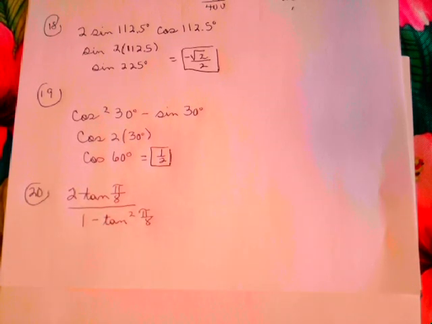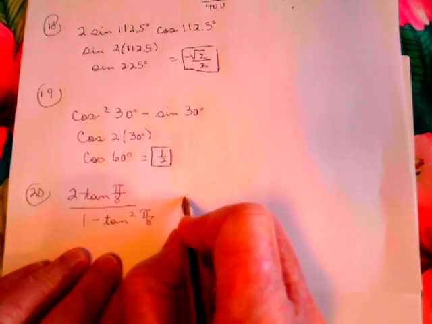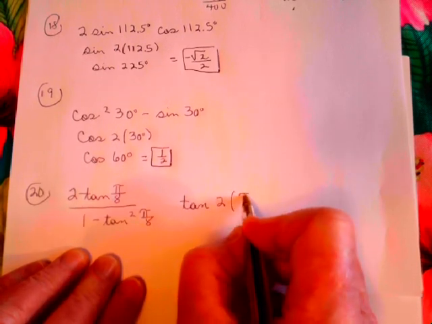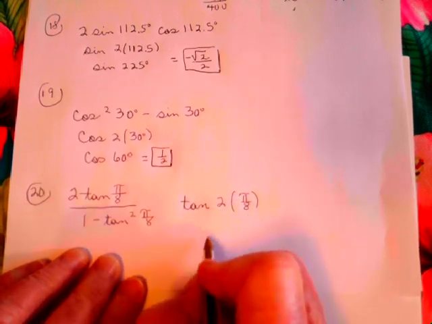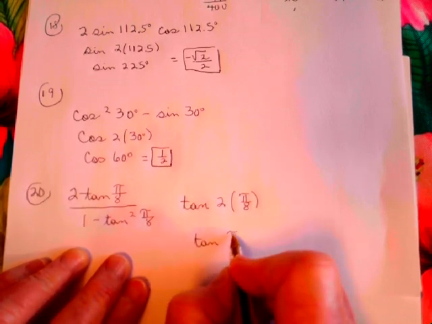Write this as a double angle formula. You know it's tangent of 2 theta. So this is tangent of 2 times pi over 8, which is tangent of pi over 4.